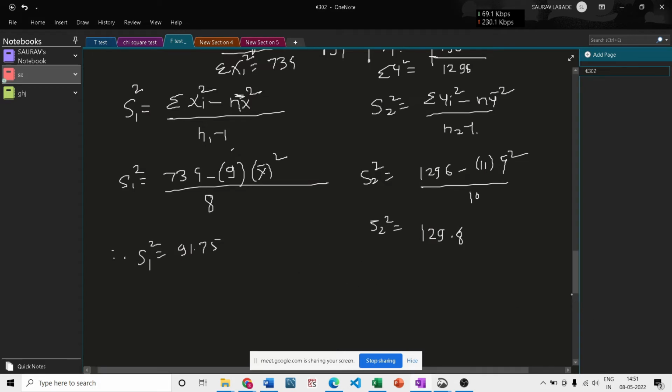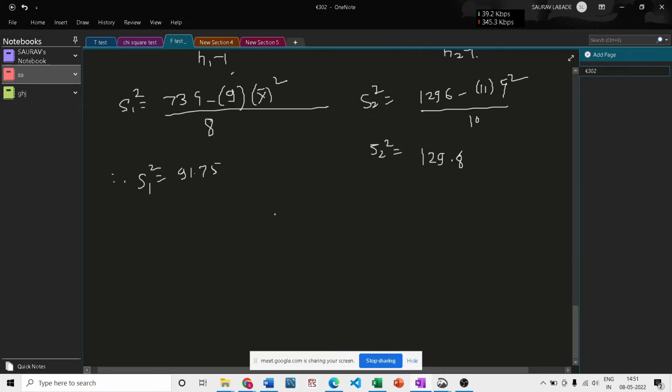Then tell me what will be the test statistic? Yes, what is the test statistic? S1 square upon s2 square, or s2 square upon s1 square?